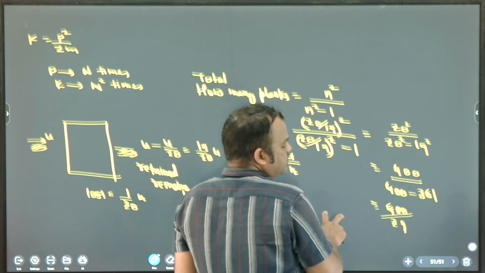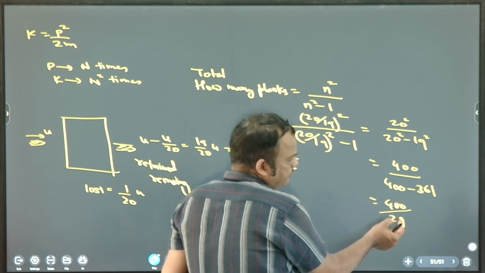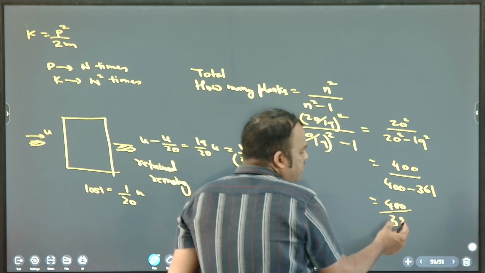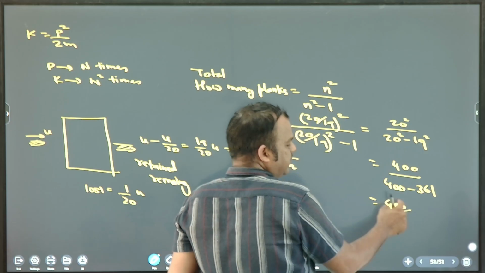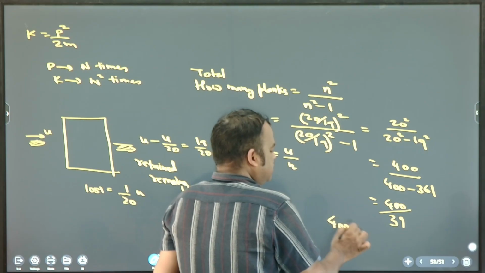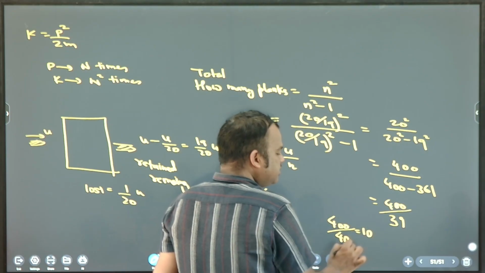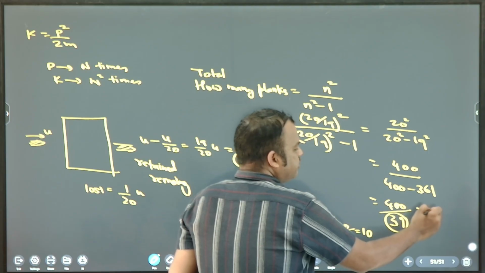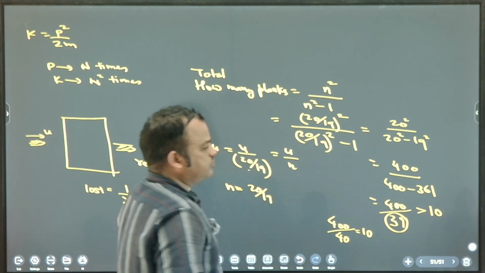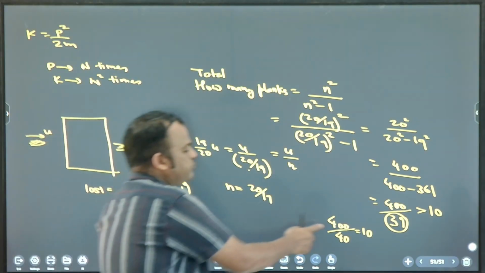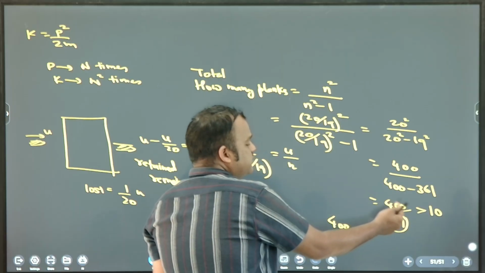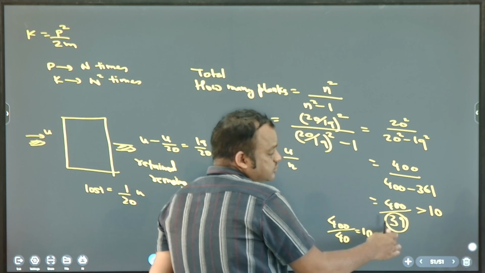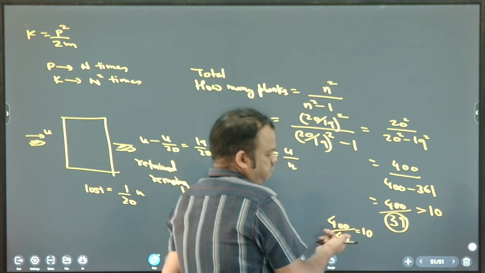39. Suppose this number is 40 here. Then what is the answer? 10. 400 by 40 is 10. Now when the denominator is less, the whole number will be more. So this will be greater than 10. Suppose the denominator is 40, then 400 by 40 is 10, but the denominator is 39, so the whole number is more than 10.